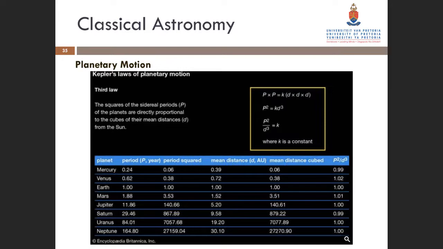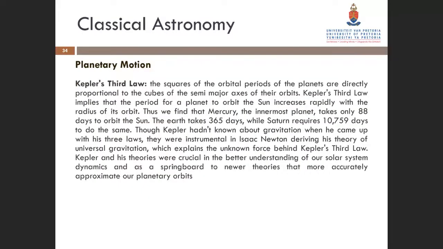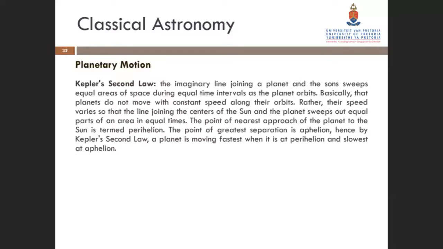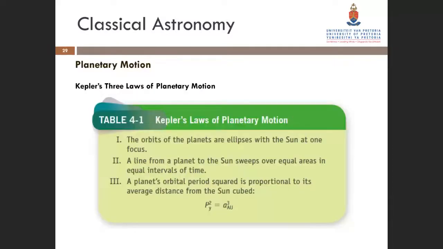And the relationship we have, the formula, is this one. The planet's orbital period squared, so the orbital period around the sun, is proportional to the average distance to the sun cubed.